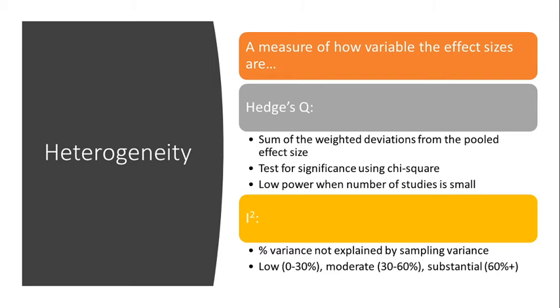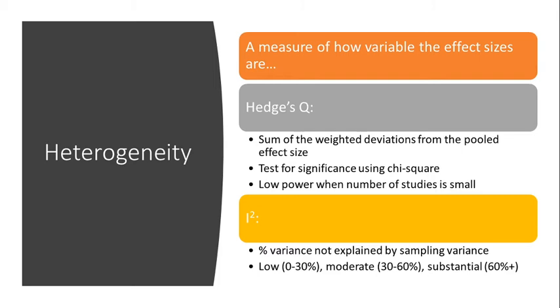And you can do a significance test on that, which will tell you whether you've got significant heterogeneity. And if you have a decent number of studies in your meta-analysis, you're very likely to find significant heterogeneity. That's then a justification for investigating that heterogeneity by doing something like a meta-regression moderation analysis.